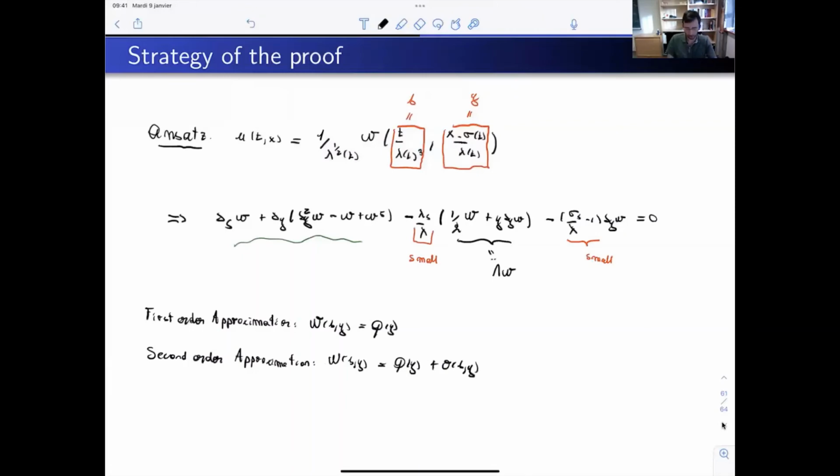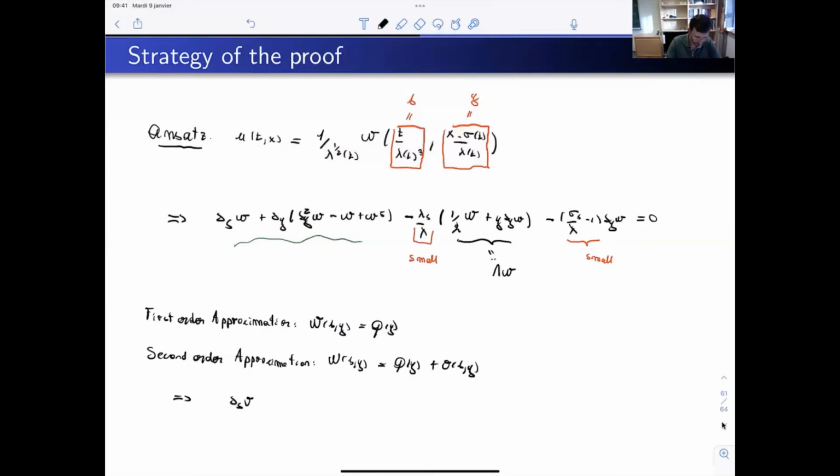So plug this V into the equation. I also wanted to do this computation, but maybe I will skip it just to be sure to have the time. I will find that V has to satisfy this equation.